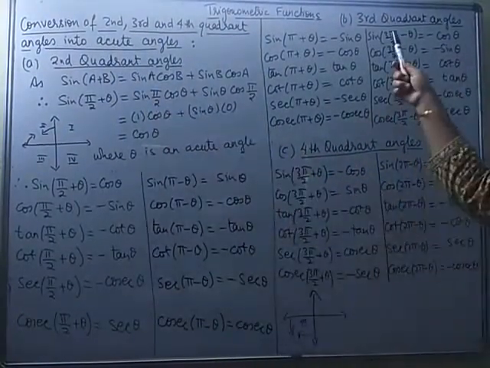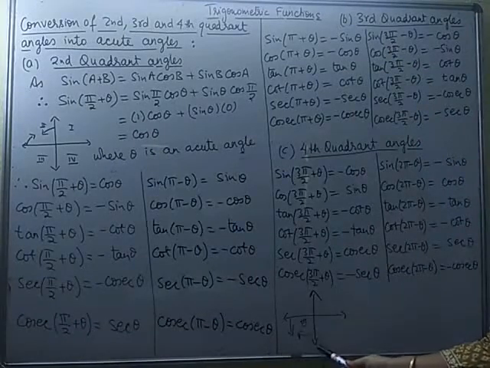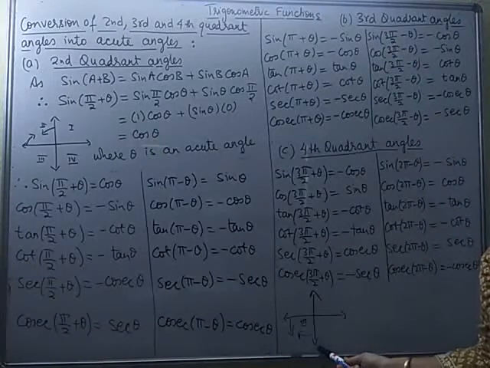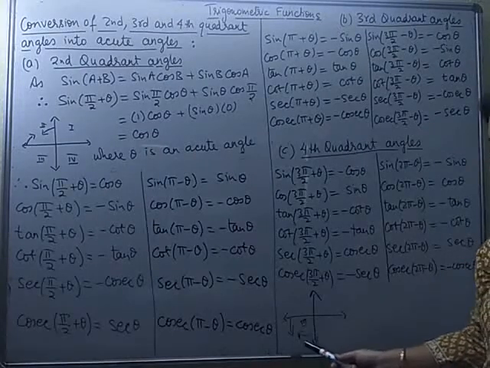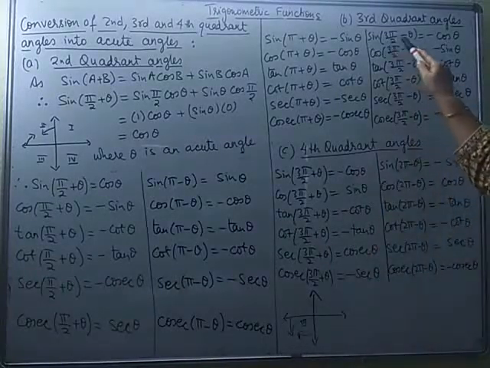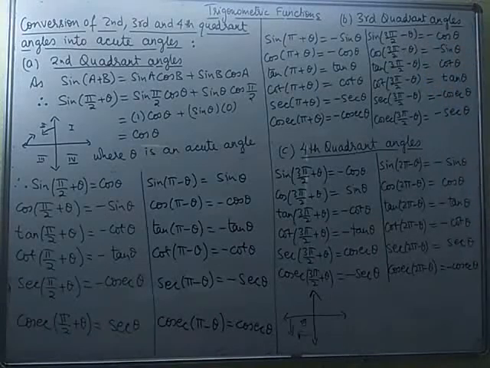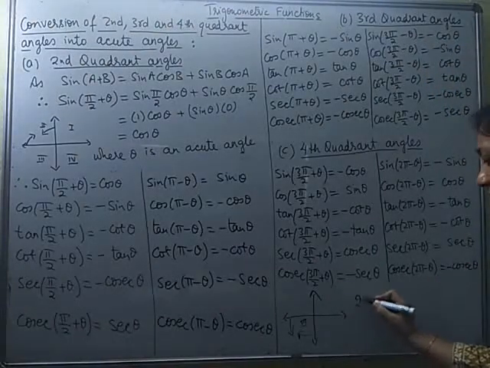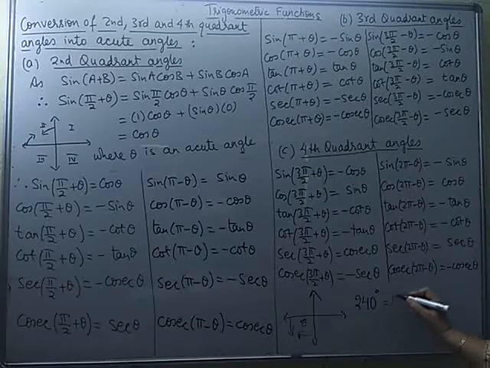Then making the change about the angle along this vertical line. This is 270 degree or 3 pi by 2 radians. So the angle will be smaller than 3 pi by 2. So the third quadrant angle can be written as 3 pi by 2 minus theta. See, if I take a third quadrant angle, that is 240 degree, you can write it in two ways.